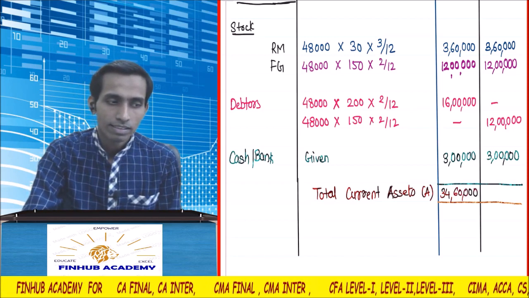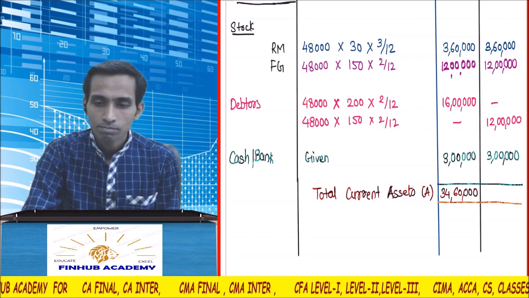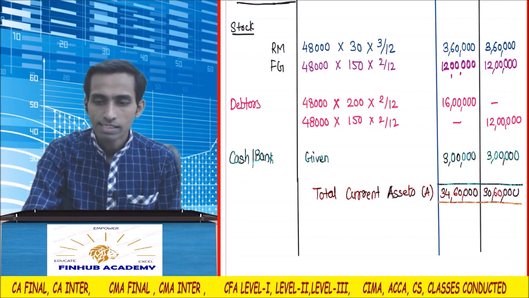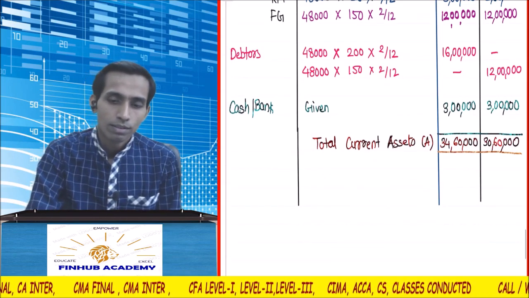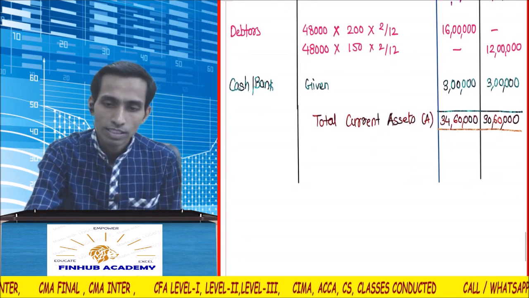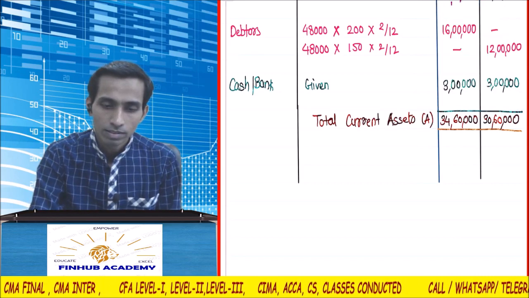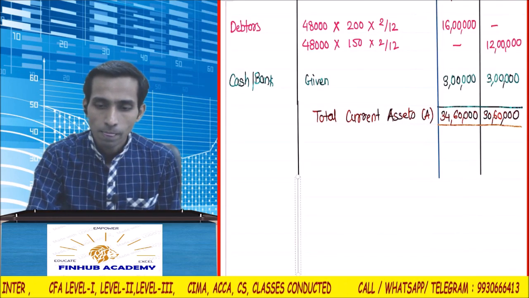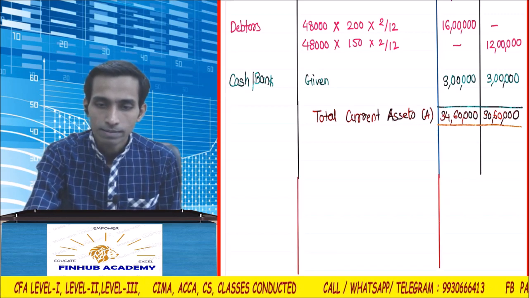And here, next column, 30 lakh 60,000, because 4 lakhs is less. Okay, no problem. So let's proceed.